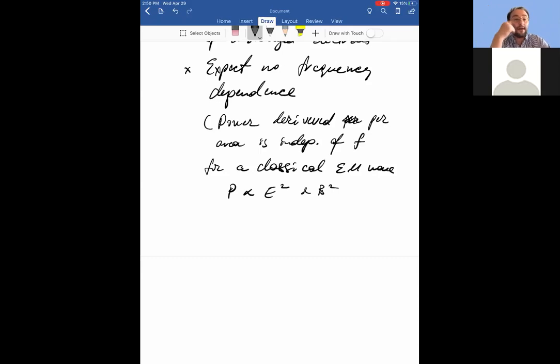So now, if frequency is too small, energy is not sufficient to dislodge an electron out of the metal, because electrons are bound to the metal. That's a normal classical idea. And a certain minimal energy is required to dislodge or liberate electrons out of the metal. That's now called the work function.